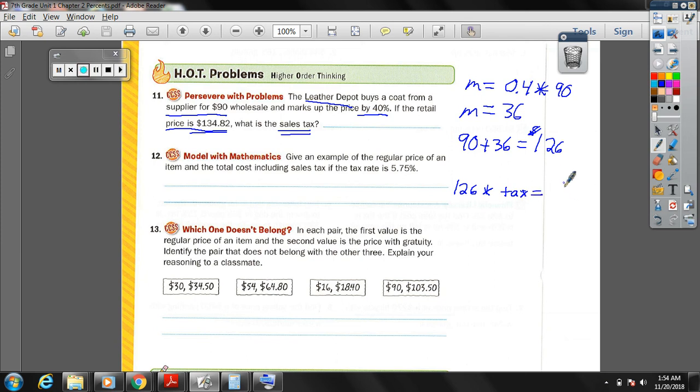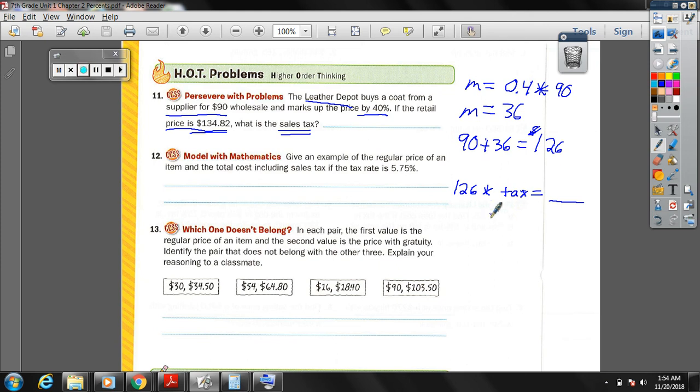Well, in this case, we know the final answer is 134.82. So we could have the tax added by 100% and solve, or we could do other steps as well.